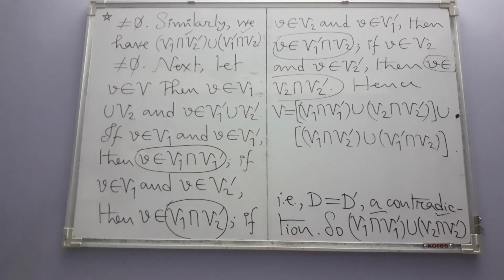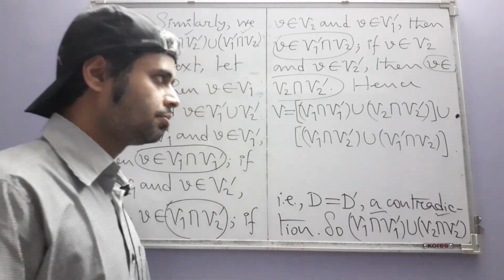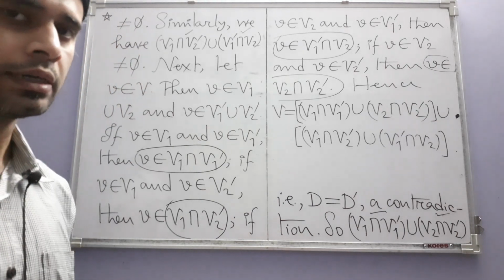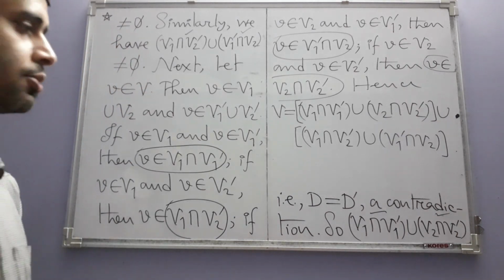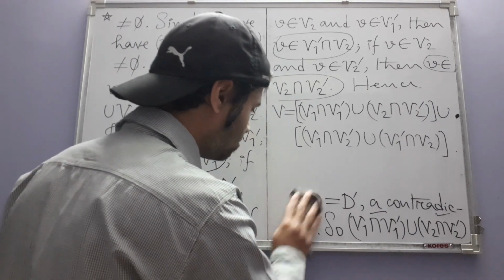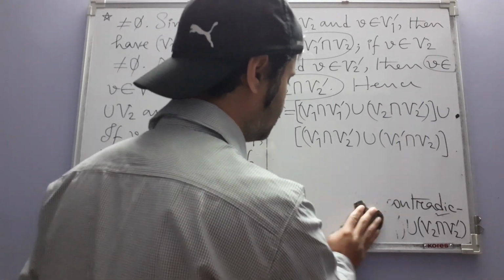So we have also shown that the sets in question, when you take their union, you get the entire set V. Now there is one more thing left to show, namely that their intersection is empty.